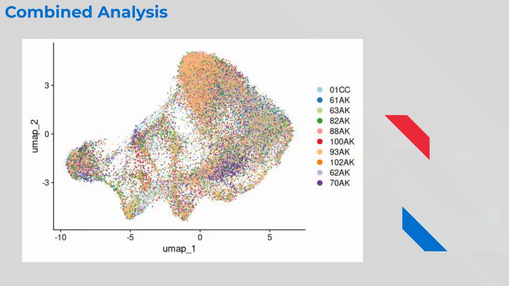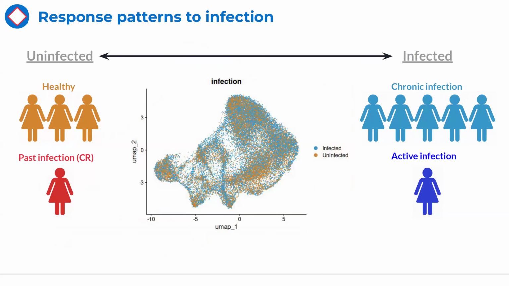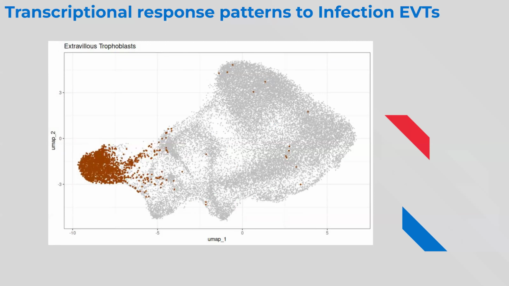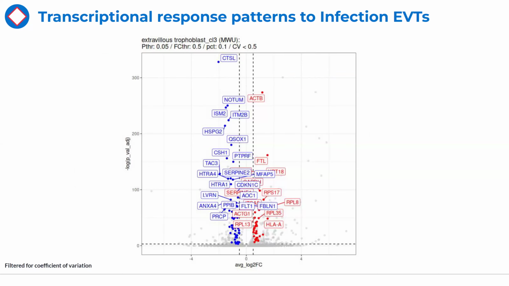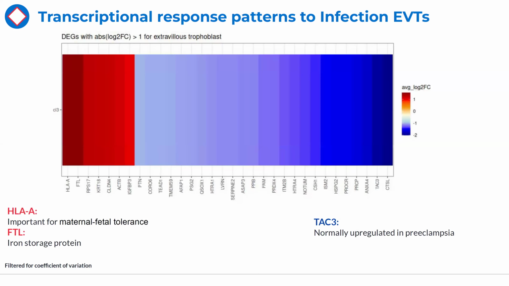Further on, we combined all the data together and then asked what's actually the difference between uninfected and infected. And for that, we again looked at each cell type individually. So again, in the EVTs, for example, we got quite some differentially expressed genes. And when we look at these, some of them make absolute sense.